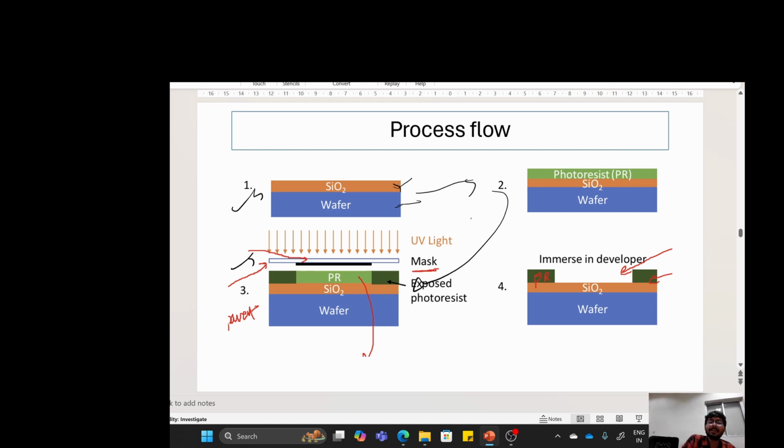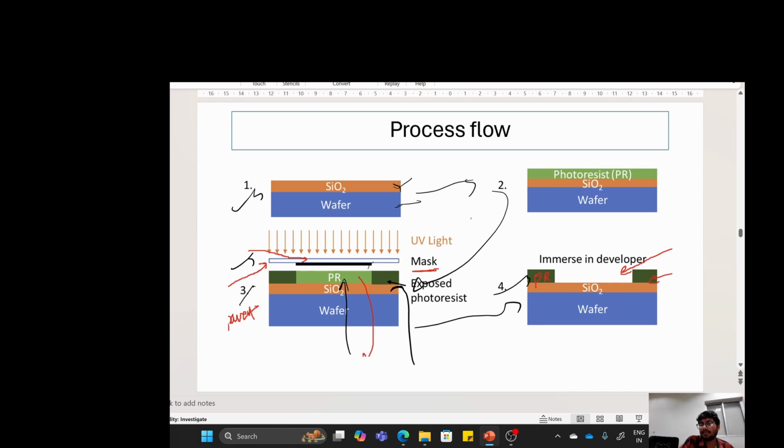Depending on the type of photoresist, whether it is positive or negative, it will get hardened or softer. After the light illumination, we develop it and transfer the pattern over the photoresist.